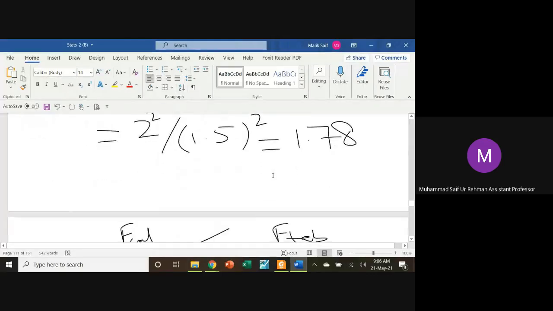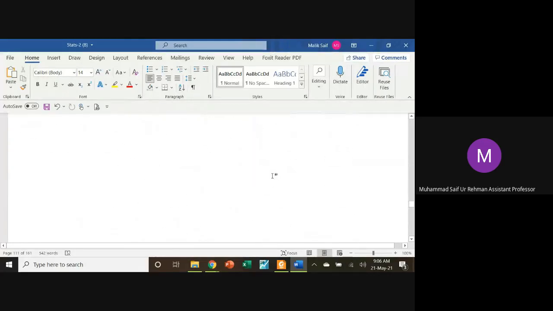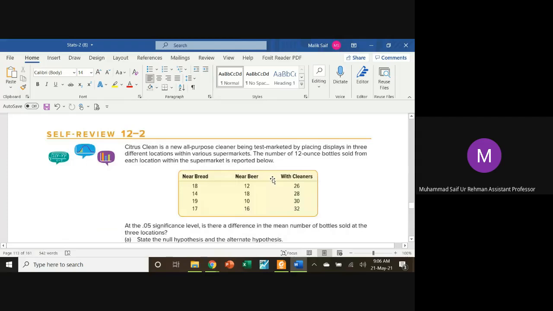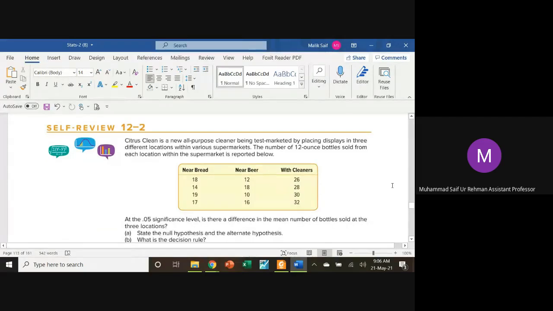And you know, we can also use F statistic when three or more populations are involved in some situation. So let us see this question that is self-review 12-2 in your book. There is a Citrus Clean, a new all-purpose cleaner, being test marketed by placing displays in three different locations within various supermarkets.